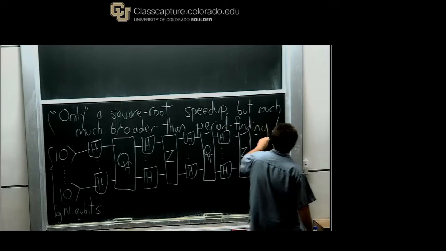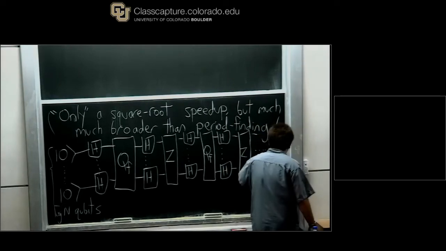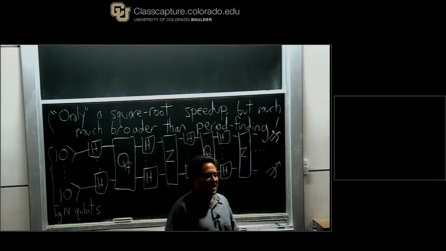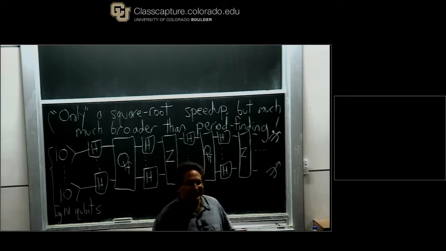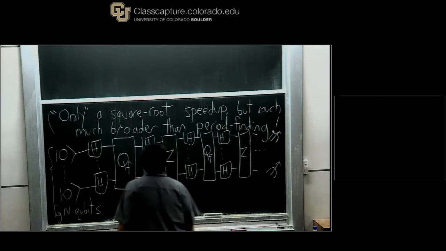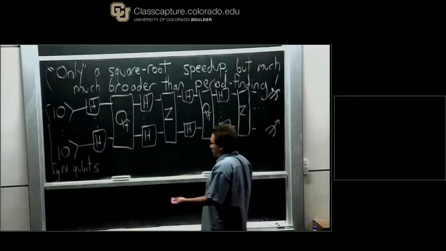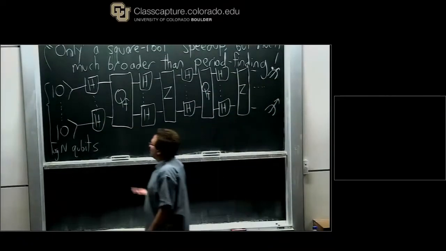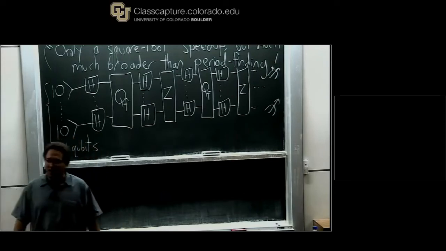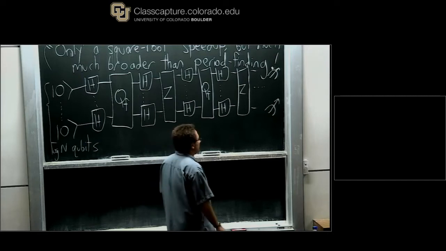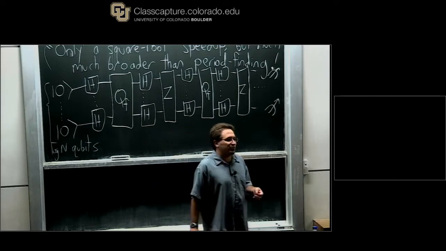And so on. And then after I feel that I've done this enough, I'm going to take all of my qubits and measure them in the computational basis, and I'm going to hope that the marked item X will pop out. And so the crucial claim that Grover proves is that this is actually going to work, after a number of iterations of this process that scales only like square root of n.